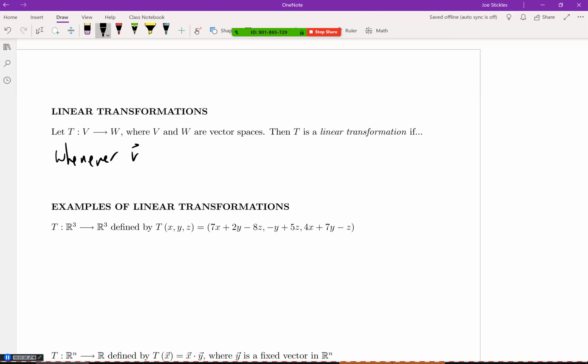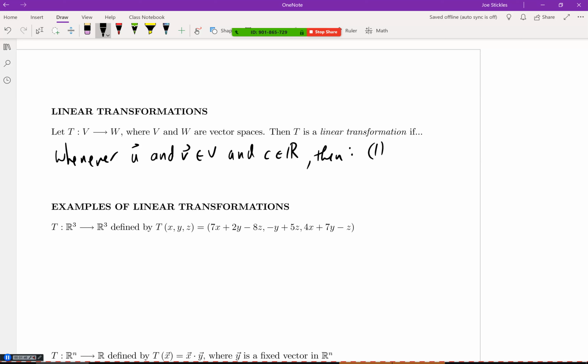whenever you take two vectors, I think the book uses u and v, so I'll go ahead and use the same letters. Whenever you take two vectors u and v in V, and any real scalar, then these two properties have to hold.